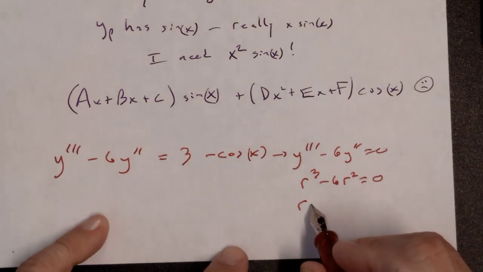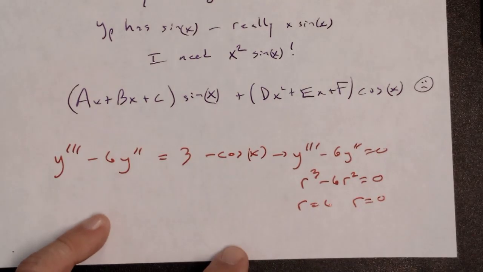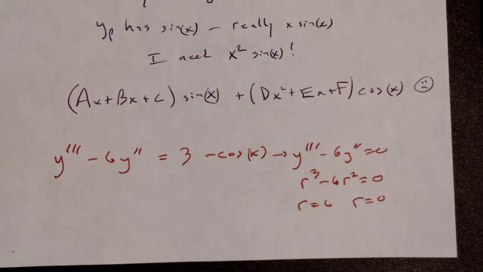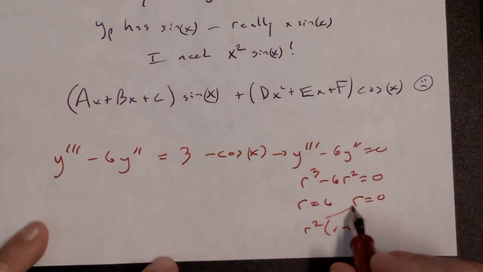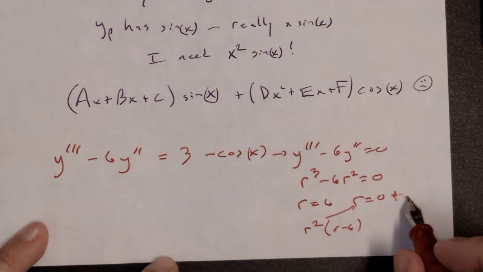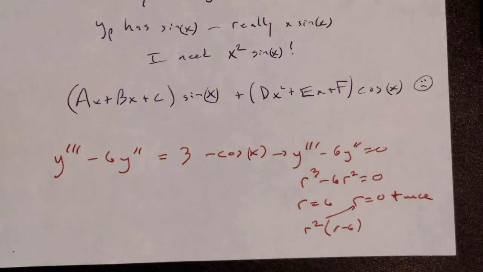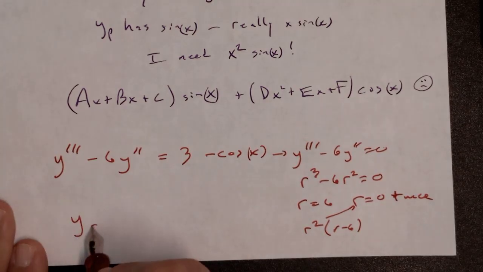Right. But r equals 0 is in there twice. Because when I factor this, it's r squared times r minus 6. So the r in there is twice. So what's my homogeneous solution look like? yc.